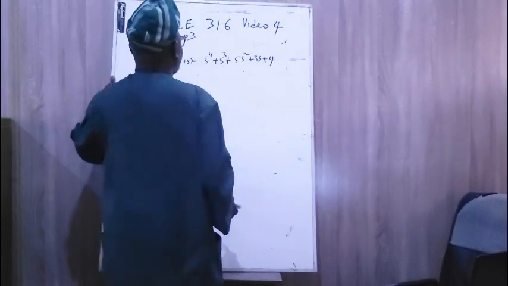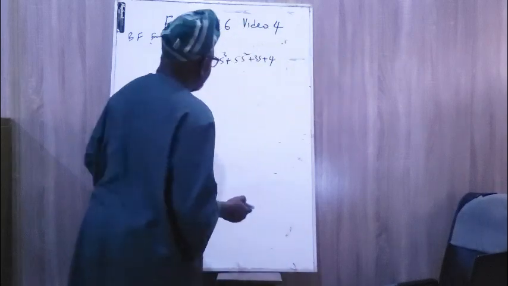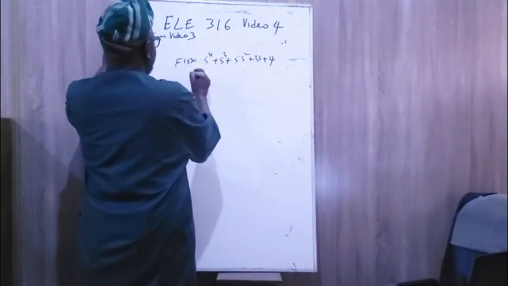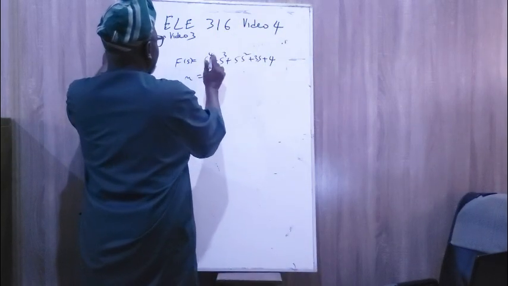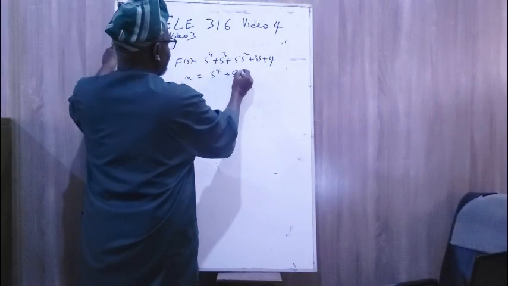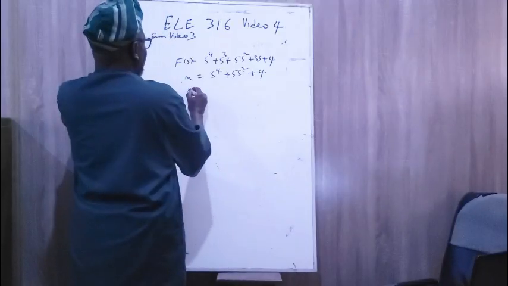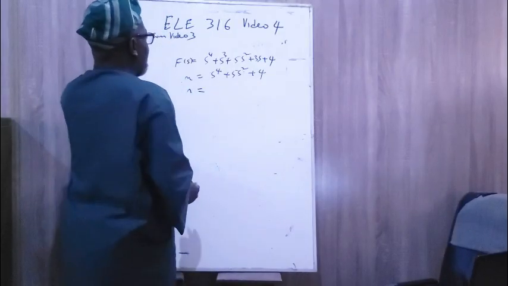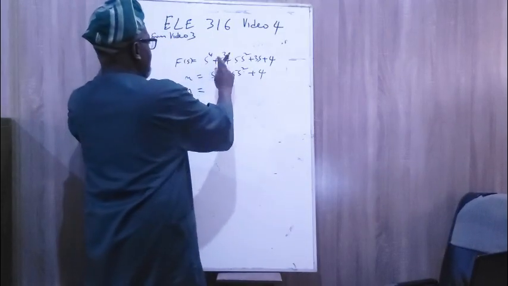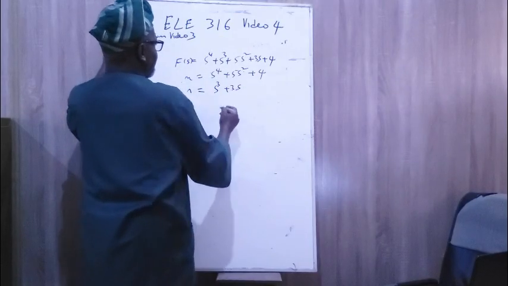Now we are going to form the even and the odd. So we start. When you take the first one, you skip one, take the next one. Skip one, take the next one. That's for the even. For the odd, you start with the highest odd. S cube, skip one, you have 3s.